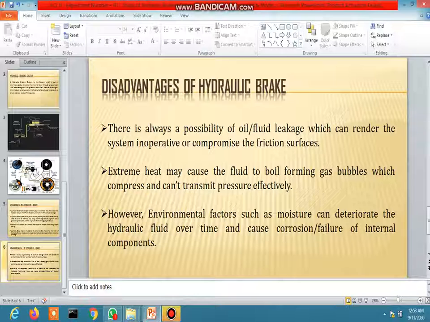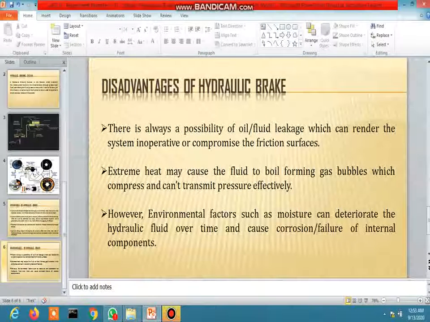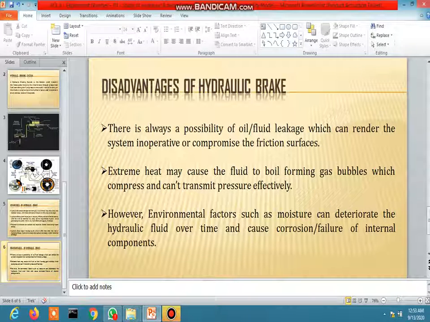Extreme heat may cause the fluid to boil, forming gas bubbles which compress and can't transmit pressure efficiently. Sometimes if the front wheel fluid is heated so much, what happens?